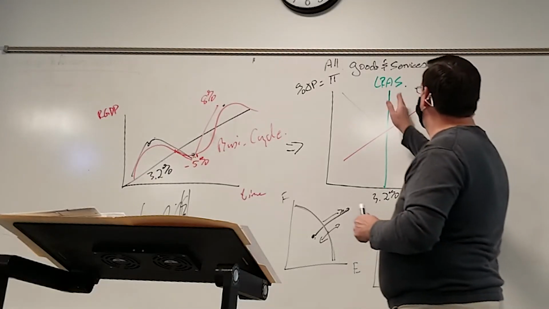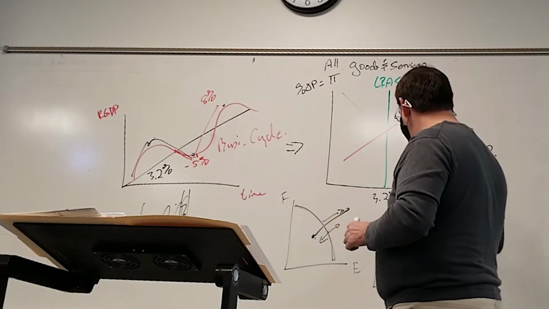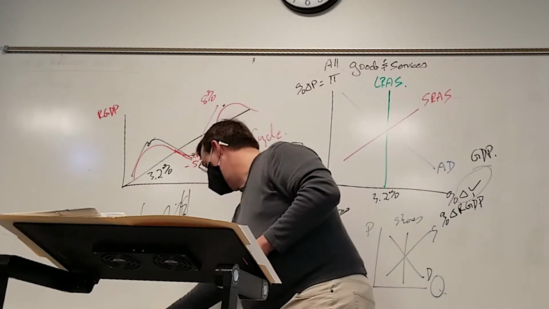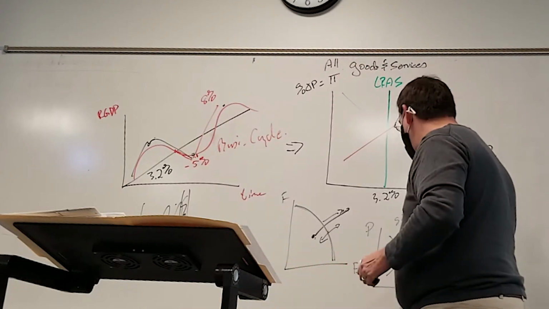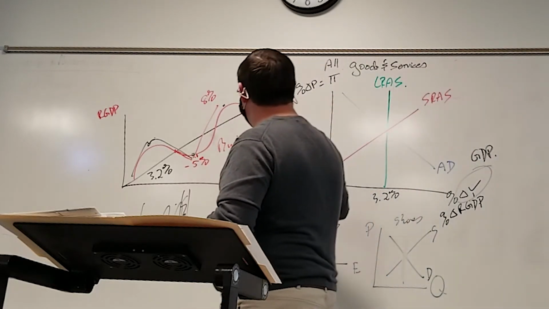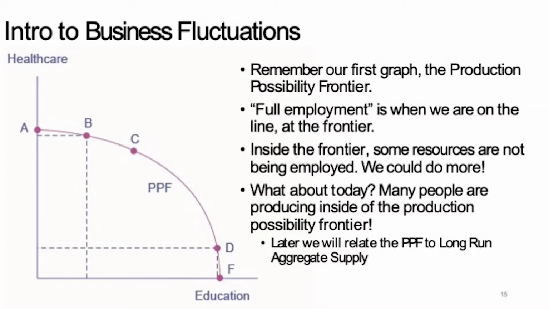We limit the use of this to when we're talking about everything. Why? And what do we even mean by this? Well, this graph and this line on the graph, this long run aggregate supply curve, is really similar to the production possibility frontier. We're talking about fishes and coconuts, for example.